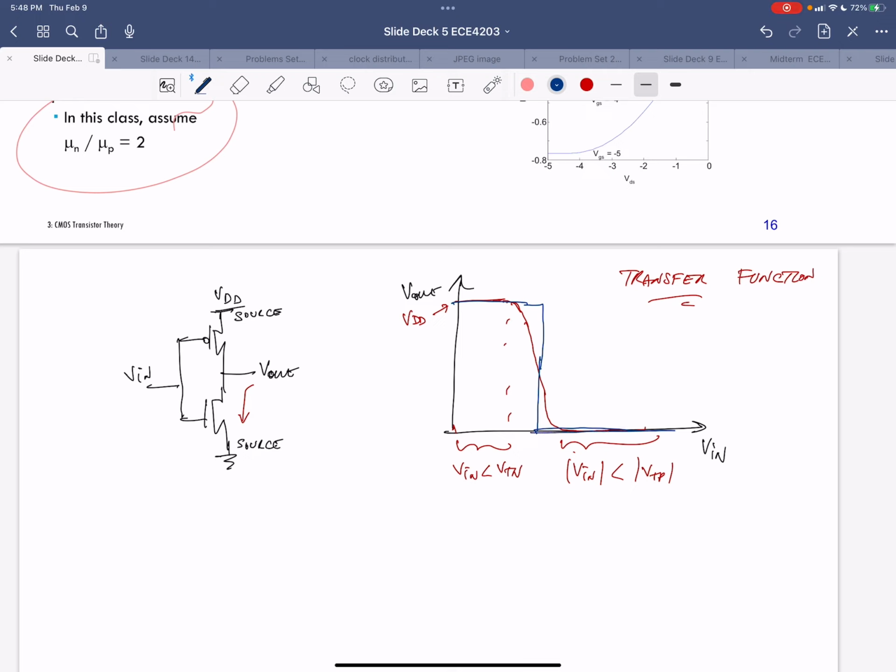So you'd get something like that for a perfect inverter. But instead you have this curved area. And this means something for the noise immunity of our circuits.